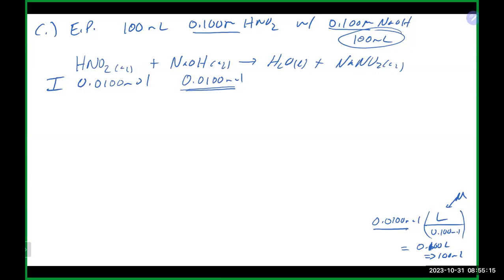So again, those are two ways that you could do that. Also, one-to-one relationship, you could use this as well to figure out how much to get there. So any of those three ways should allow you to figure out you need 100 milliliters to actually get there. Any questions on any of those ways? All right.